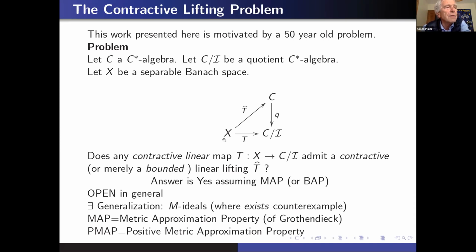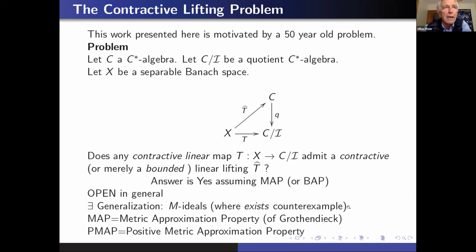Then the answer is yes. AP will always be approximation property in short. M is for metric, so that's when we approximate by contractive maps. BAP, the bounded approximation property, will not actually appear. So the problem is open in general. It's known with these approximation assumptions, but open in general. There's a generalization, the theory of M ideals, developed after the 1970s by Effros and other authors.